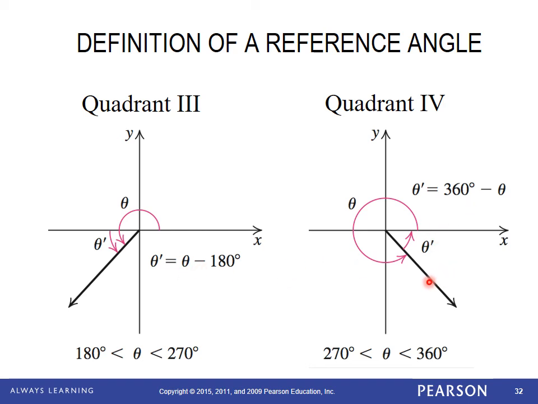And the last one, if we're in quadrant 4, we're almost at 360 degrees, not quite, so the reference angle can be found by taking 360 and subtracting out the angle itself. So there's those. Now this is in terms of angles only, but again, we have to think about radian measurement as well.